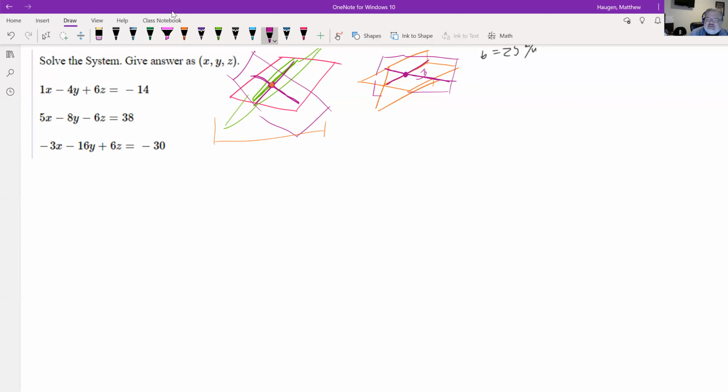So the nice thing about this idea of visualizing it as the planes intersecting, and this line of intersection and that line of intersection, is that it's actually the process that we use to solve these. If we take two of these equations and intersect those two, we will get a line.